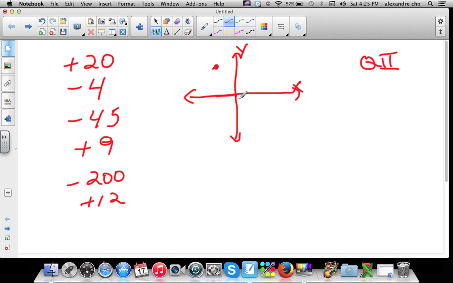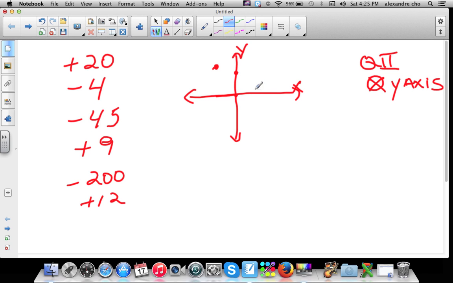B, 0 and 8. The first number is 0, so it means don't go left, don't go right. The second number is 8, so it tells me to go up 8. So I'm about there. That puts me not on Q1, not on Q2, but it puts me on the y-axis.